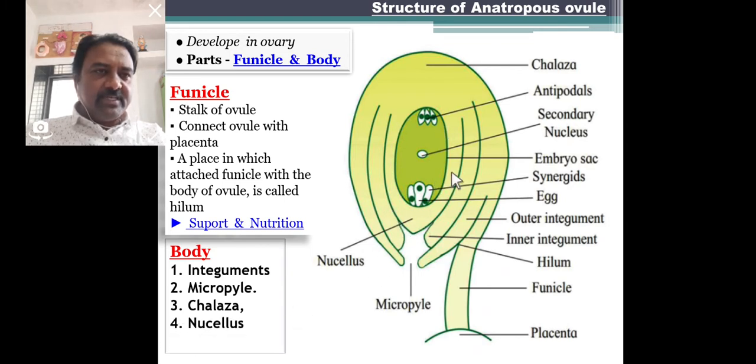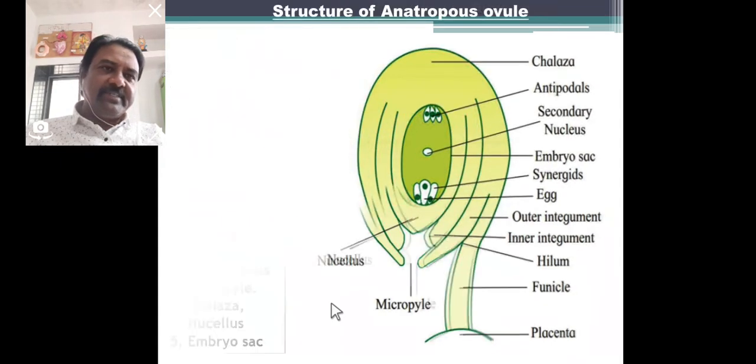This is the nucellus part, and last, number 5, is the embryo sac. This one is the embryo sac. How many parts does the body have in the anatropous ovule? 5 parts: integument, micropyle, chalaza, nucellus and embryo sac. Now we will see them clearly.